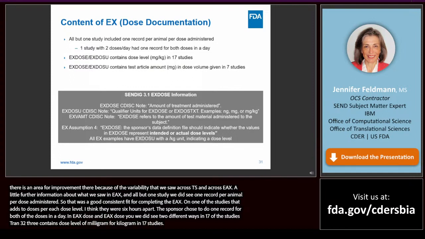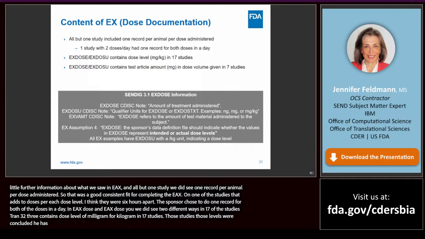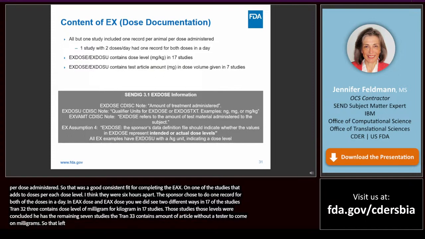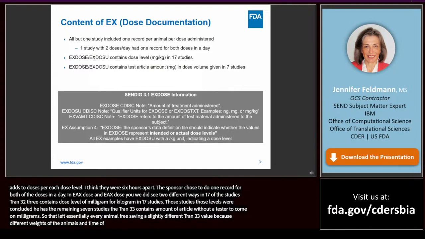In the remaining 7 studies, EX dose contained an amount of test article in the amount of dose administered, where that test article amount was in milligrams. So that left essentially every animal receiving a slightly different EX dose value because of the different weights of the animals at the time of administration. And so this was essentially a calculated amount per administration per body weight.